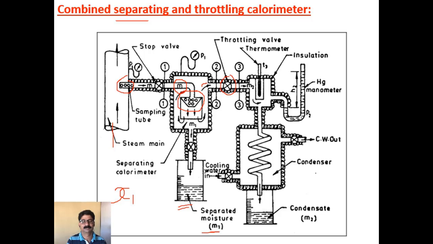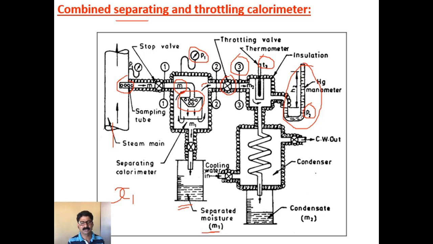Now the condition of the steam before the throttling valve is state 2, with pressure the same, P1 itself, so there is no change in pressure in the separating calorimeter. Only after throttling the pressure changes to P3 and temperature changes to T3, and this differential pressure is measured using a manometer.